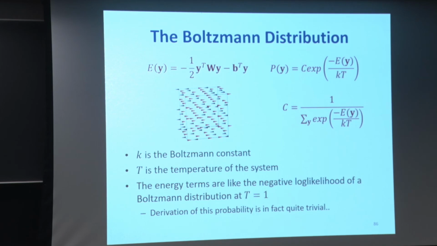And for that, let's go back and look at the physical system. For the dielectric material that we were speaking of, the spin glass, the energy of the current configuration, remember, was minus half y transpose Wy minus b transpose y. We've seen this a few times.